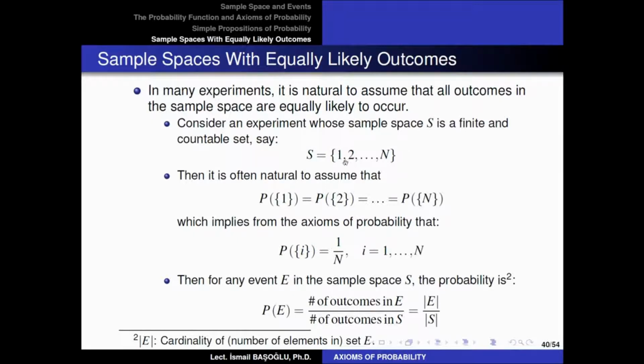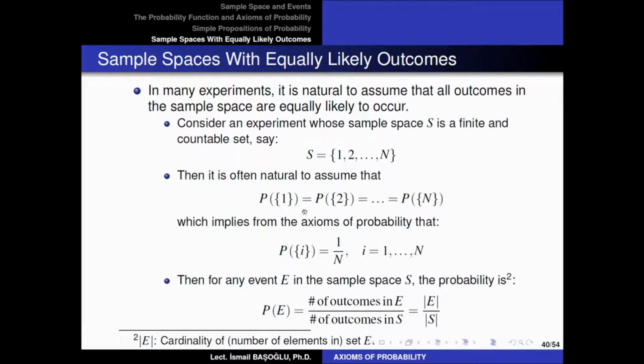But here, we are assuming that the sample space has n many outcomes, and each of which is equally likely to occur, which means the probability of each outcome is equal to each other. Now, we know that the sample space has the probability that is equal to 1. The whole sample space probability is equal to 1.